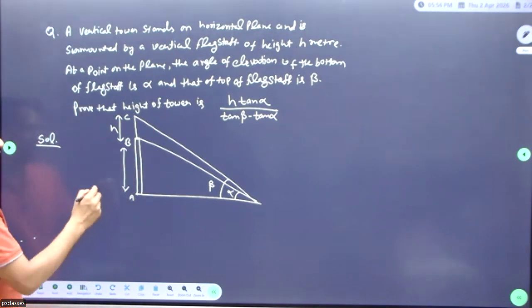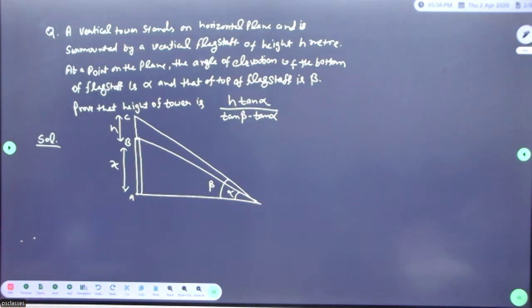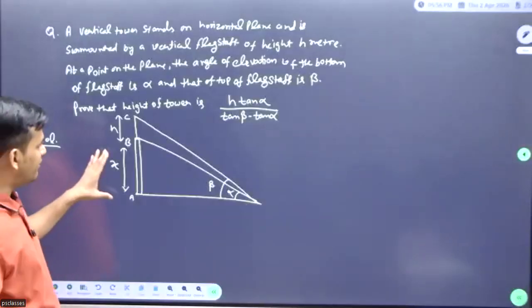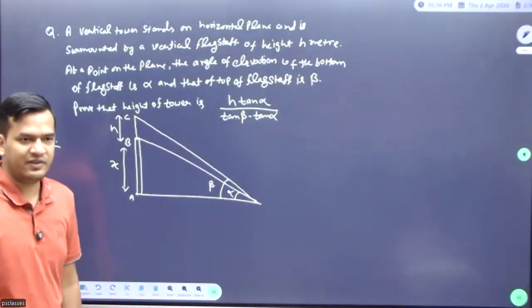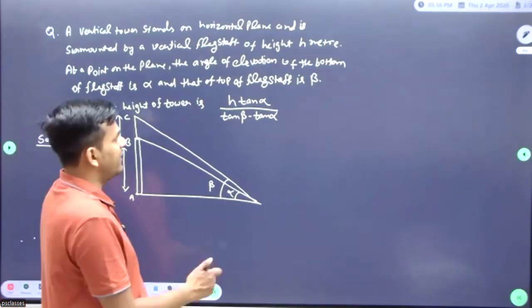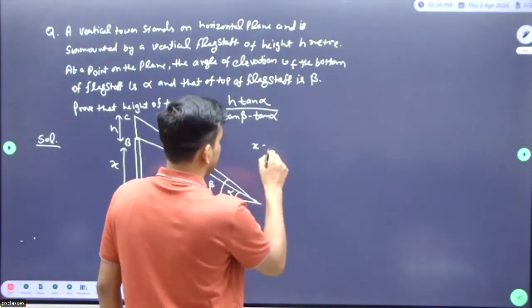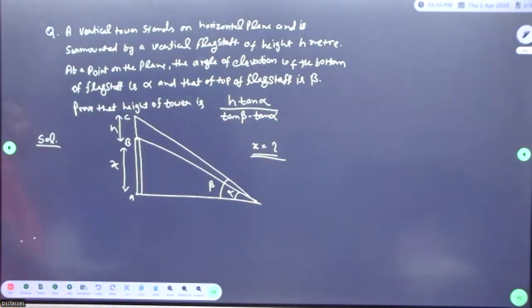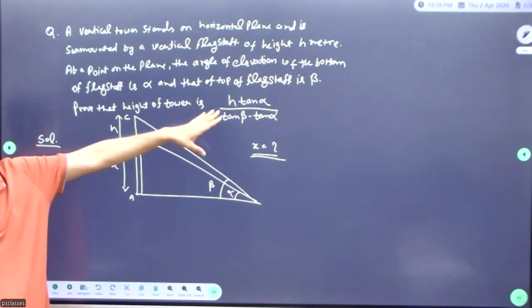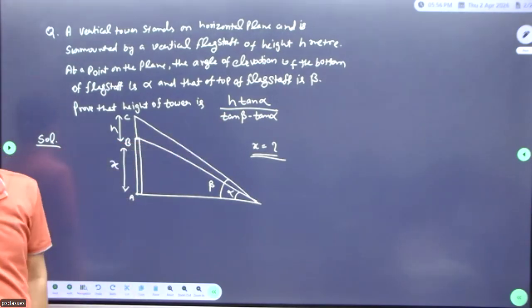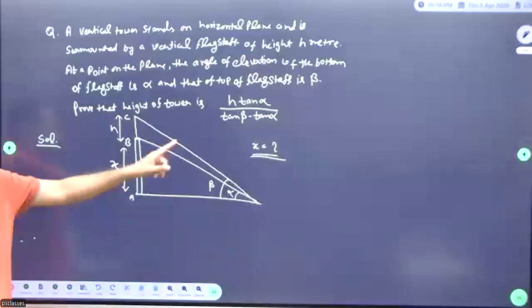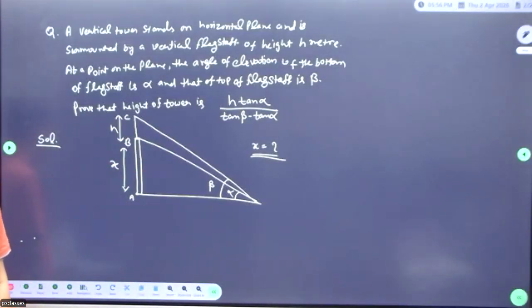So let the height of tower be X. Height of the tower is X and the height of flagstaff is H. So we have to find X. This question is proving type. Height of the tower is equal to h tan alpha upon tan beta minus tan alpha. So from this you can see we need tan beta and tan alpha. Tan beta and tan alpha is there in the expression. So we'll find the value of tan beta and tan alpha.